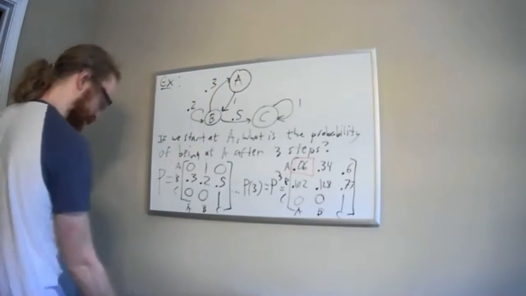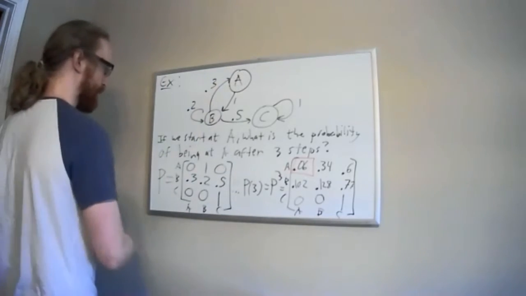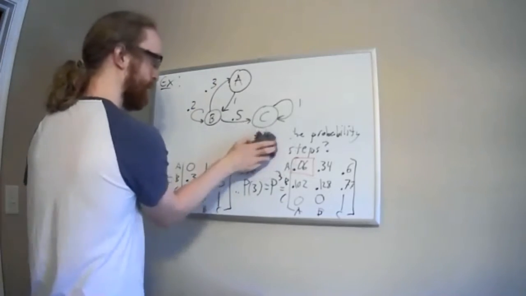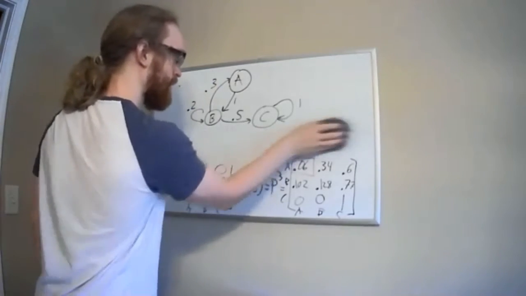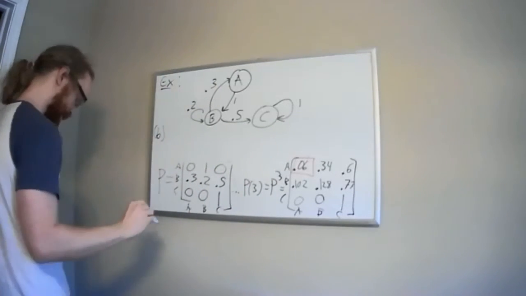Okay, so that's good. Let's ask another question that we might be able to answer. I'll try to leave the diagram and the matrices up here for a second. Here's the second question.